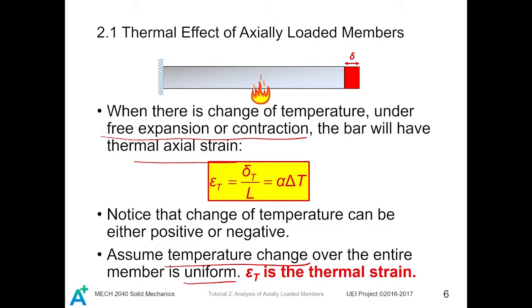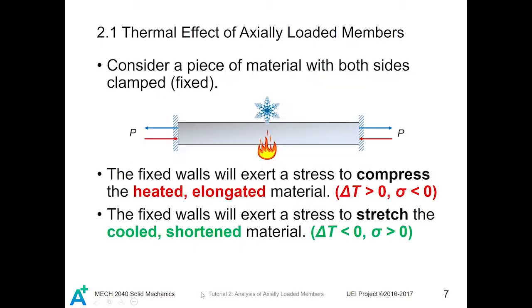So we won't say, okay, this tip is very hot, while this tip is very cold. So we don't consider that case. We consider the change of temperature is uniform over the entire beam or the entire bar.